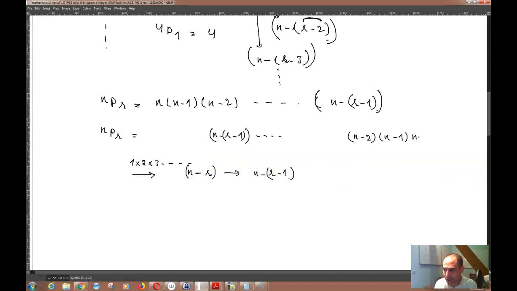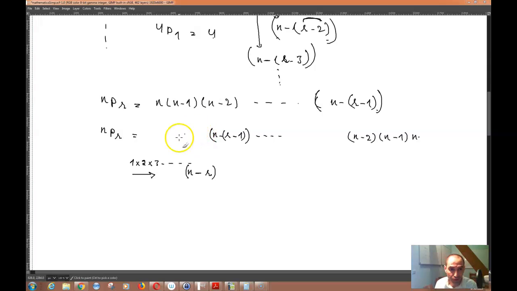So it seems that if I multiply this expression, if I add all of these terms in the beginning, I can write this expression as n factorial.